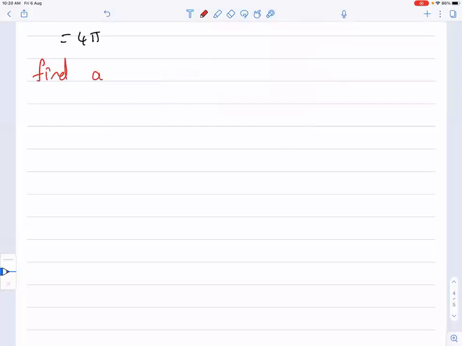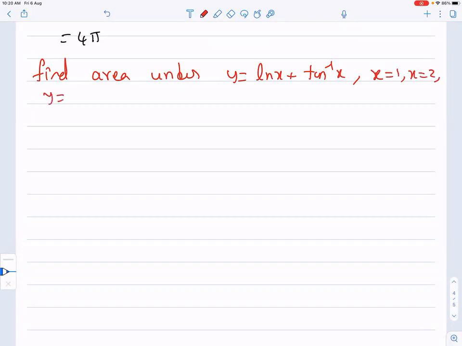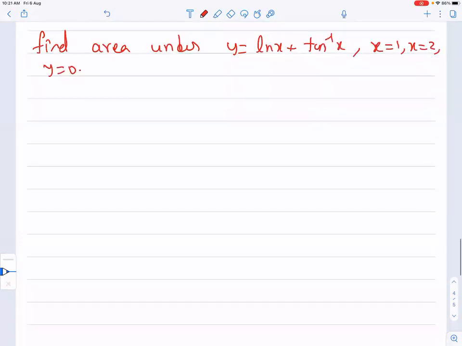Find the area under y equal to ln x plus tan inverse x, between the lines x equal to 1, x equal to 2 and y equal to 0. Y equal to 0 is the x axis. That's why I said under. So how does the graph look? We are looking at x equal to 1 and x equal to 2.